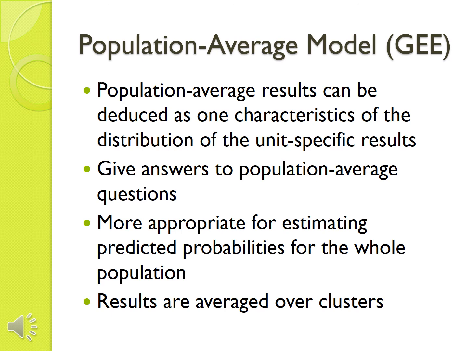The idea is that we're now treating the variances due to the clusters differently, and we're talking about predictive probabilities for the population. So the results are averaged over clusters rather than looking at the individual cluster effects. As I said, those are probably not of interest in most cases.